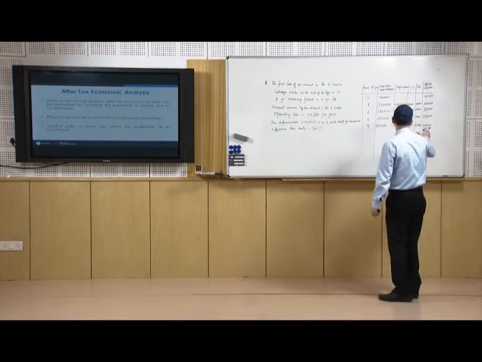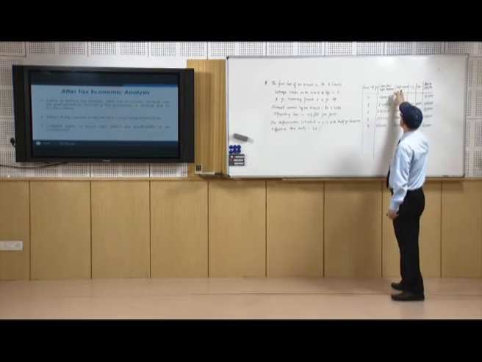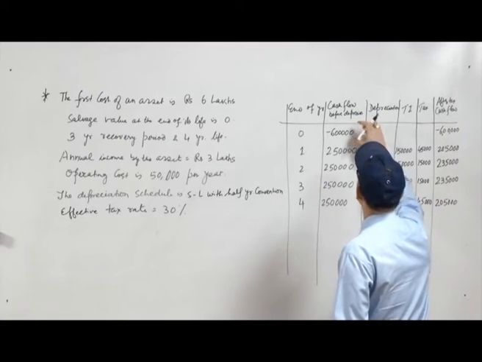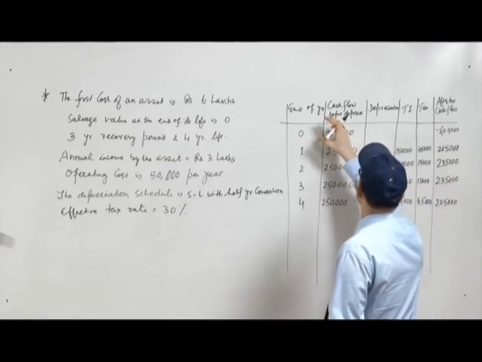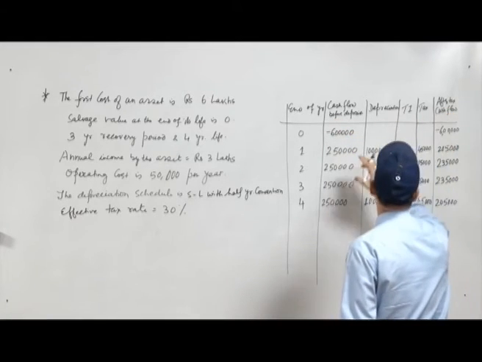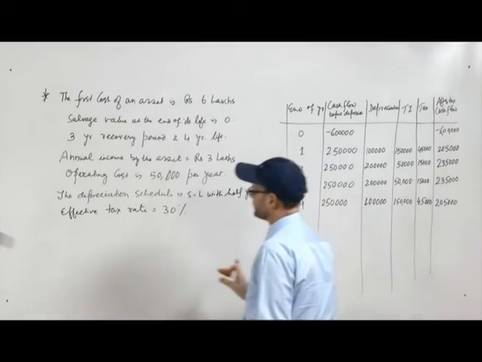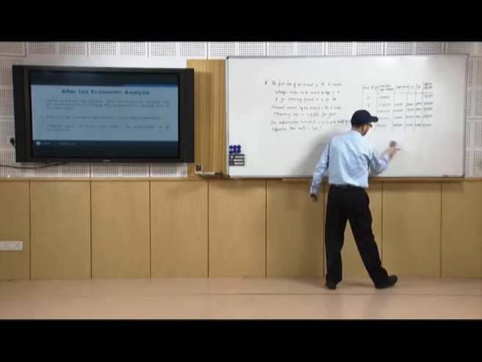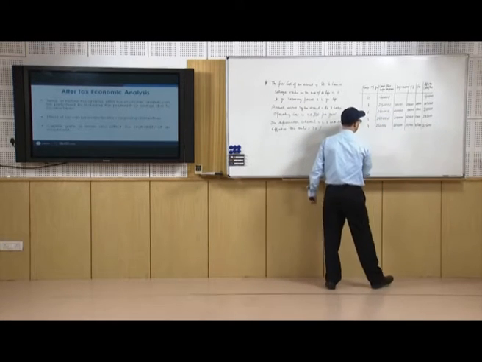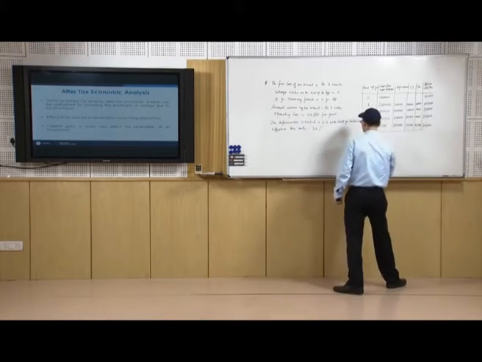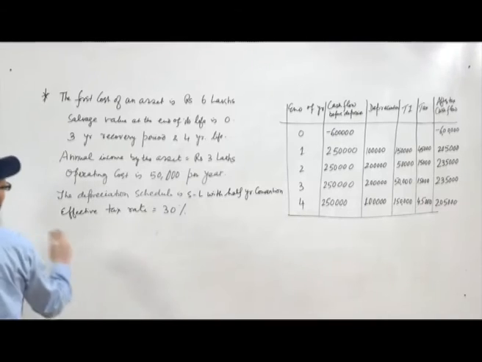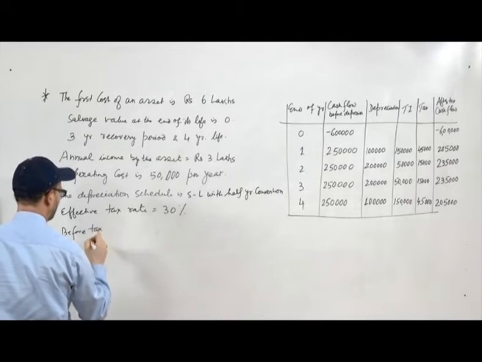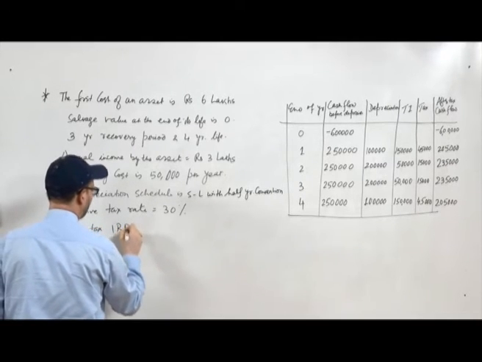If we have to compute the rate of return for the cash flow before the tax payment and after the tax payment, it can be found out as follows. The before tax rate of return is the internal rate of return.